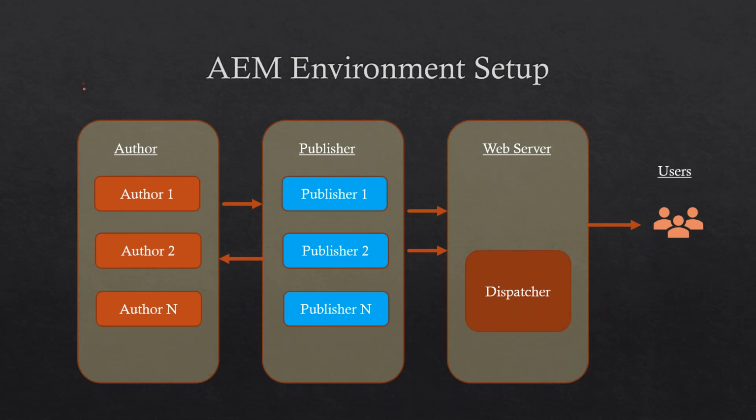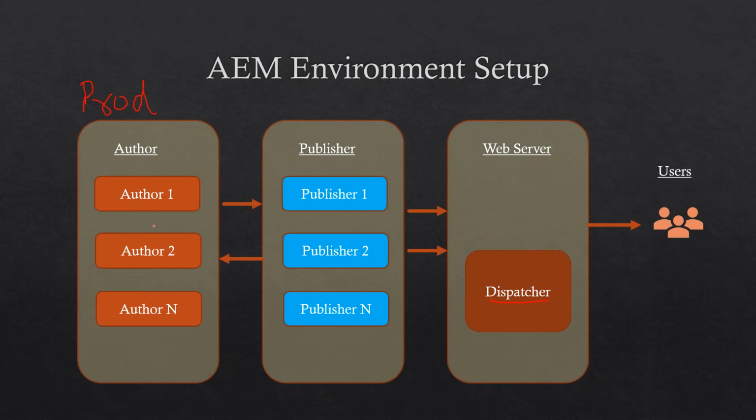Let's say this is your production. In production, you will have author. In front of author, you will have publisher. And there's one more server which hosts a dispatcher. I'll explain what dispatcher is. It's not limited to any combination: you can have n number of authors, n number of publishers, and similarly dispatchers can also be there.